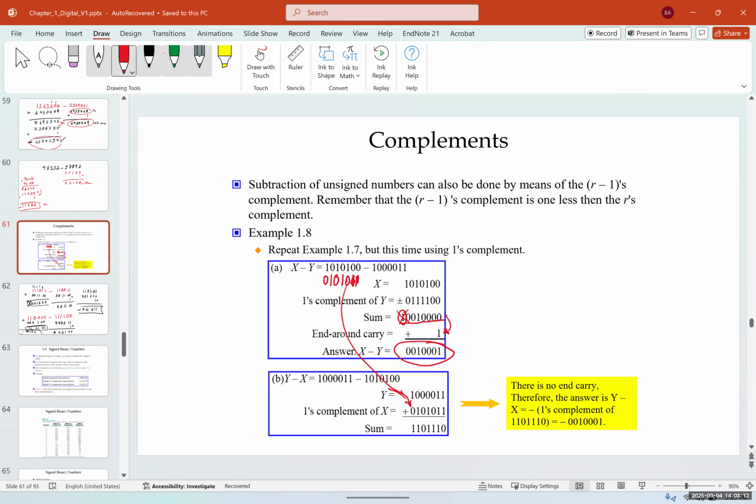When we add them together, we don't get any end carry. This time, we find the ones complement of this number, and that would be our negative number.